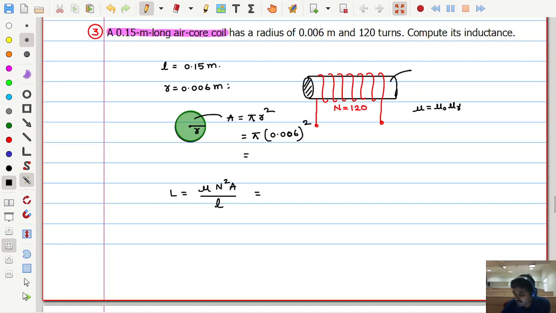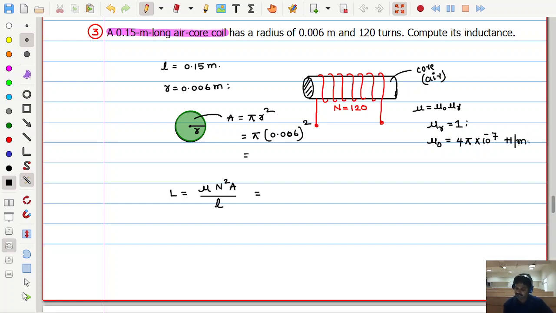What is the core? Core is air. So for air, mu r is equal to 1. What is mu naught? Mu naught is the free space permeability, which is equal to 4 pi into 10 power minus 7 Henry per meter.